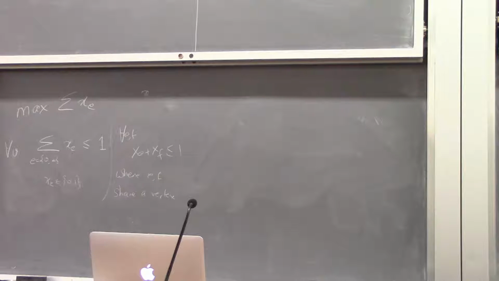In the worst case, you could have n cubed constraints, which is not great, but still, it's polynomial. All right. So let's stick with this for now. We have this IP for matching.